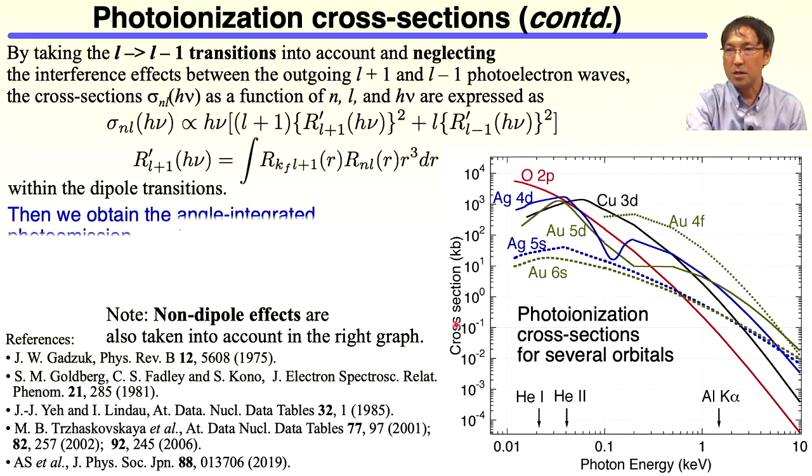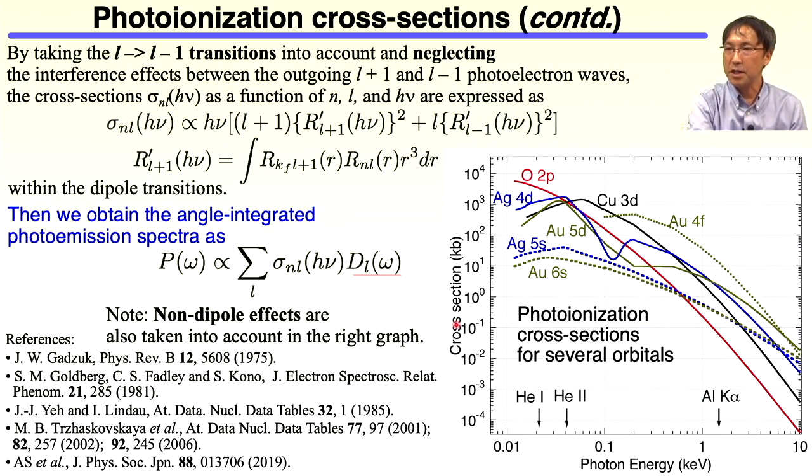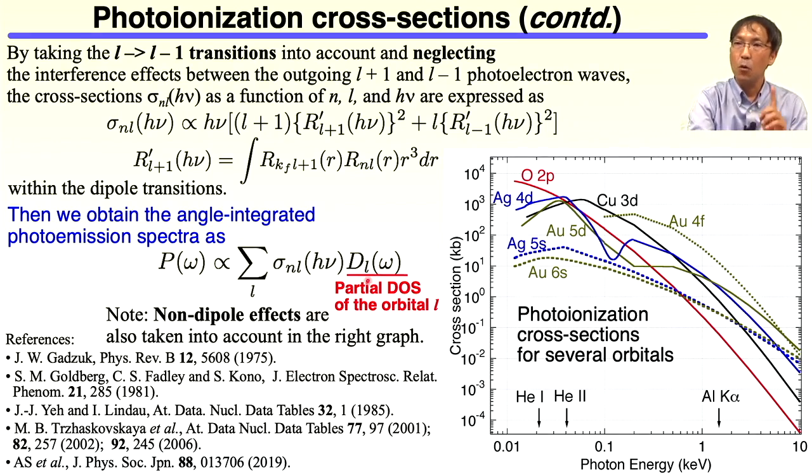We obtain practical angle-integrated valence-band photoemission spectra as the sum of the partial density of states for orbital l, weighted by the photoionization cross-section. In the next slide, I show a realistic example of the valence-band photoemission spectra of ternary compounds.